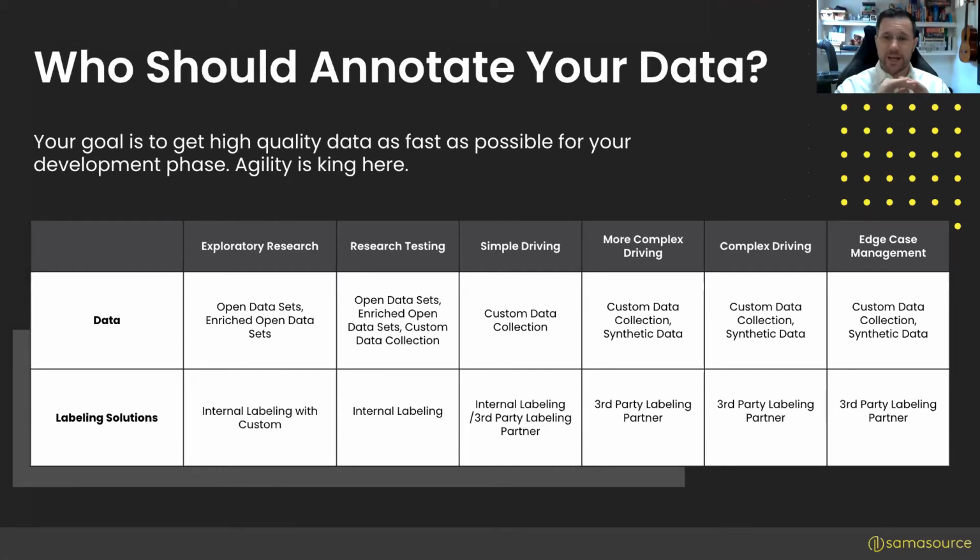So I've used the same development phases that I showed above, but I'm going to suggest how you should do labeling. In those earliest stages, for a lot of teams, you won't have a very large data set, or you may have pre-labeled data. Focus on an internal development team.